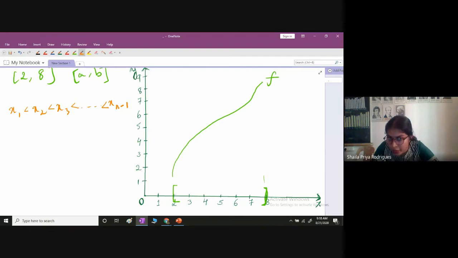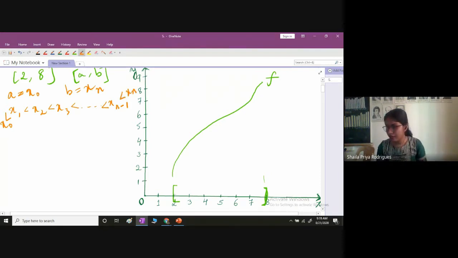Now, a and b are also real numbers on the real line, and let's denote them as x0 and xn. You call a as x0 and you call b as xn. The intermediate points x1 till xn minus 1 are between them. So x0 will be strictly less than x1 and xn will be strictly greater than xn minus 1.